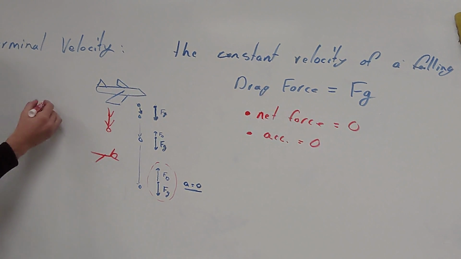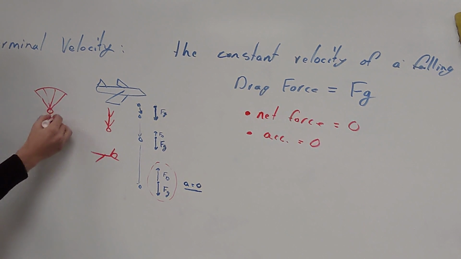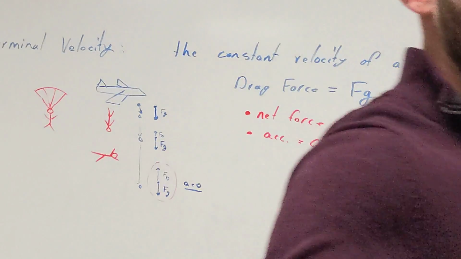And then, of course, if you have a parachute on, your terminal velocity is going to be even less, right? Because you've got a lot more surface area, a lot more air resistance.